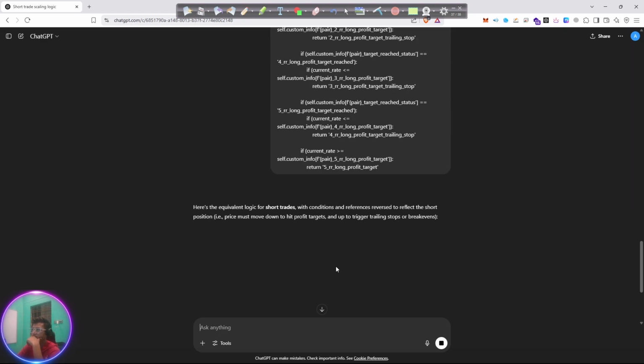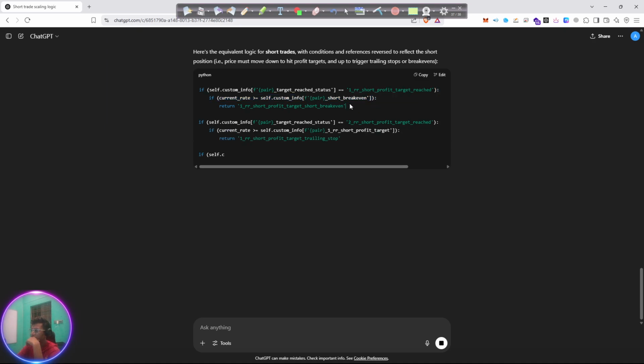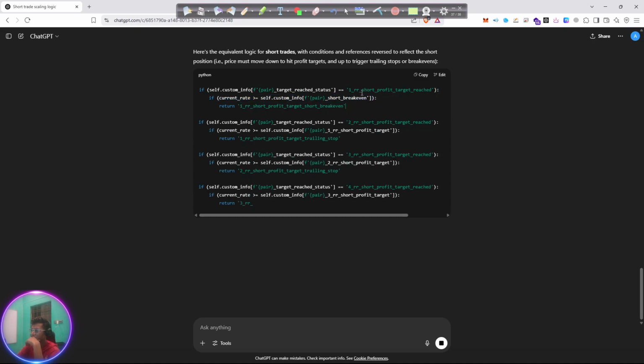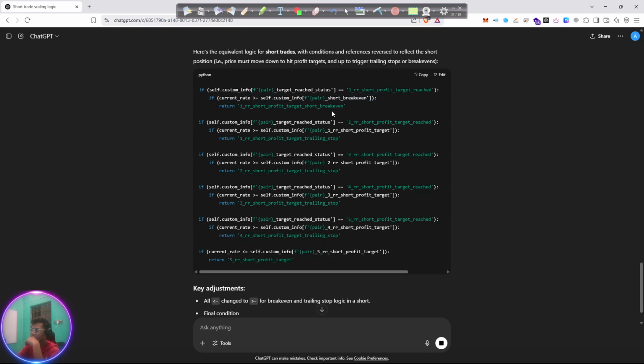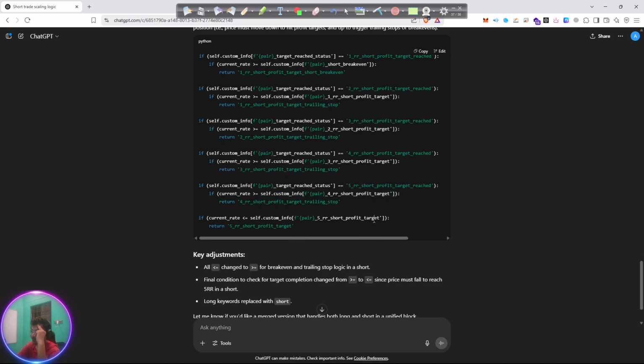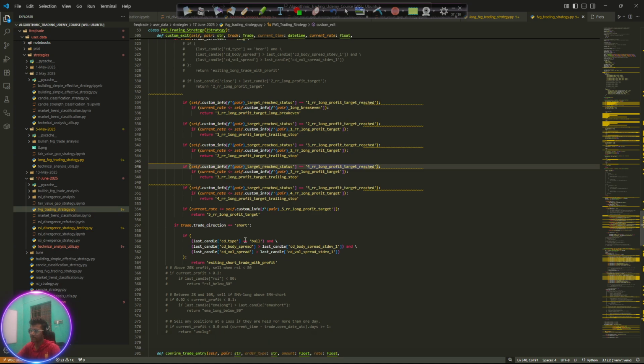All right. So here we have the logic. When we reach the first RR, we place our stop loss to break even. When we reach 2 RR, we place it to 1, then 3 to 2, 4 to 3, 5 to 4, then when we reach the fifth RR, we just exit the trade.